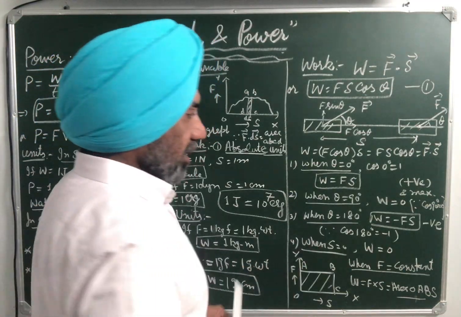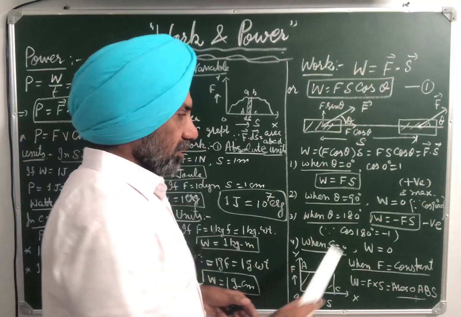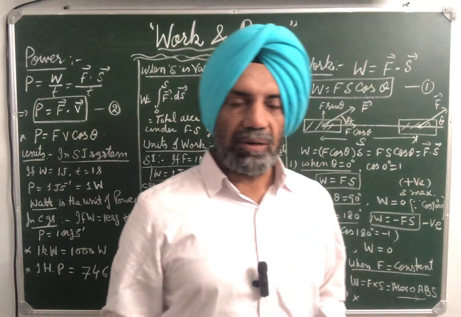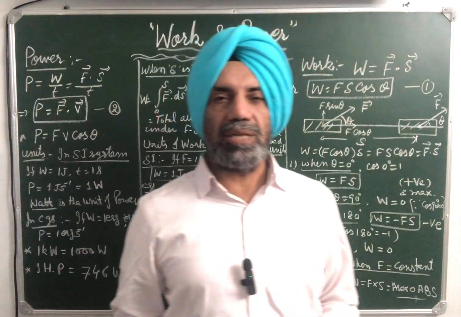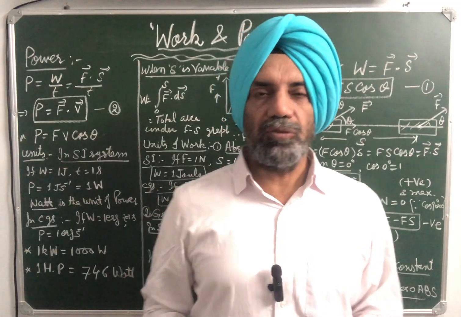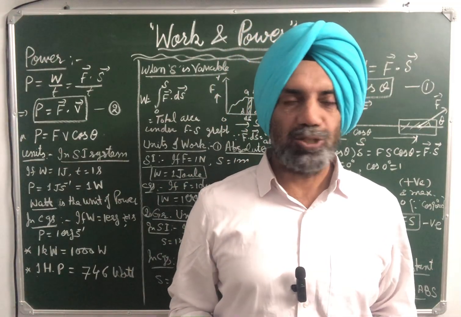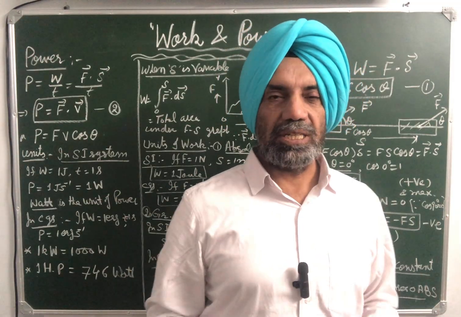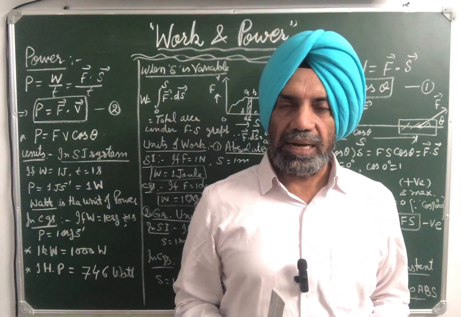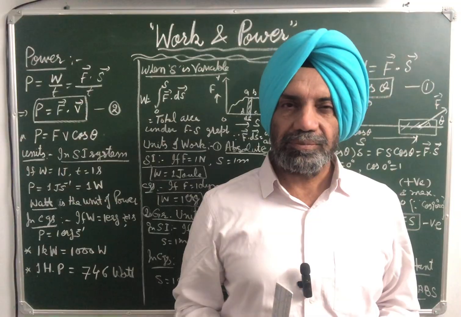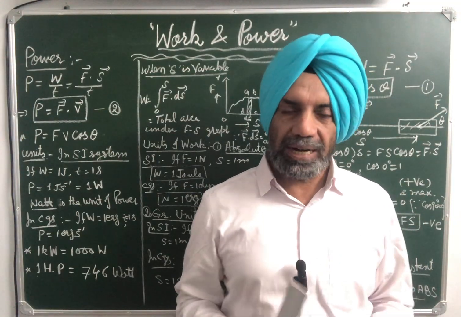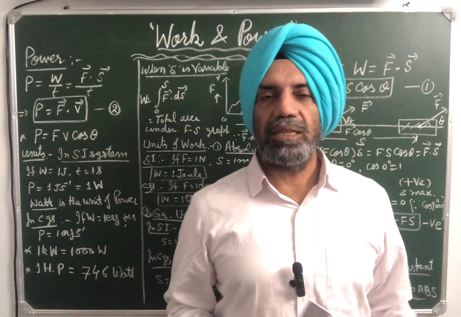Now, when theta is equal to 90 degree, work done is 0 because cos 90 is 0. For example, a coolie taking some load on his head and moving from one place to another with uniform velocity does no work, because in this case the force he applies acts vertically upward to lift the load, but he is moving in the horizontal direction.